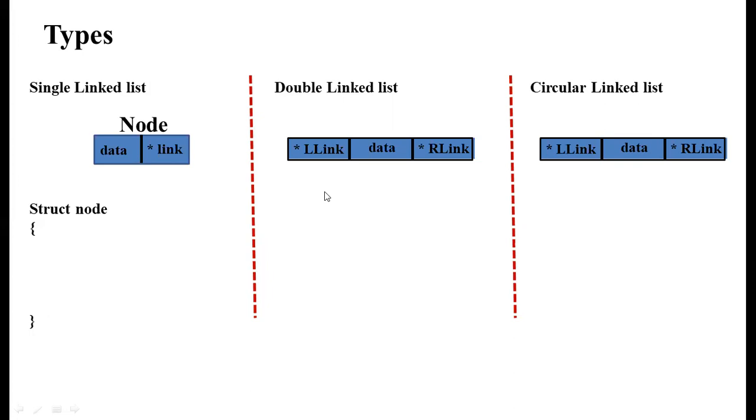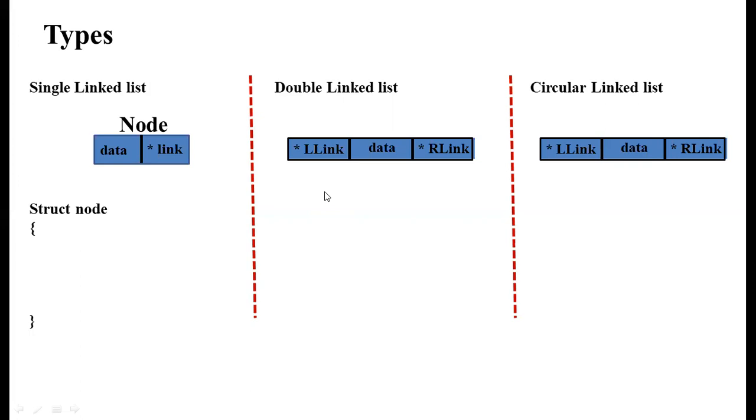Instead of link we can say next, like that. We are not bothered about the variable name, but the concept is more important. The logic may be different, but the implementation will be the same. Different people may write the program with different logic, and writing this logic is what we call an algorithm.